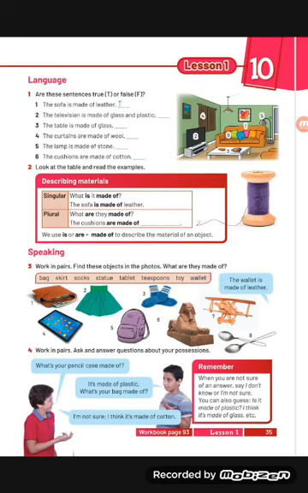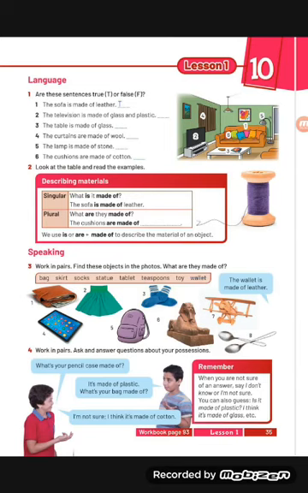Number four, the curtains are made of wool. What do you think? Maybe it's made of wool, but I think it's made of cotton. So we may say false. Number five, the lamp is made of stone. What do you think?